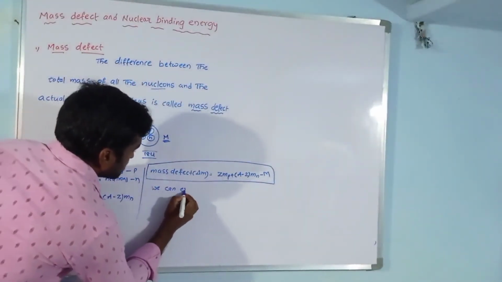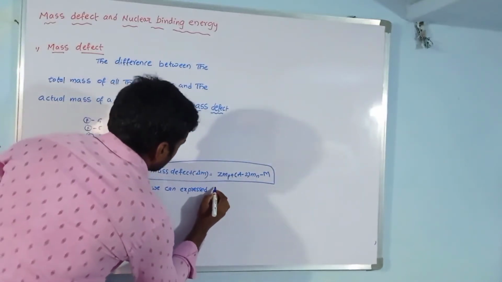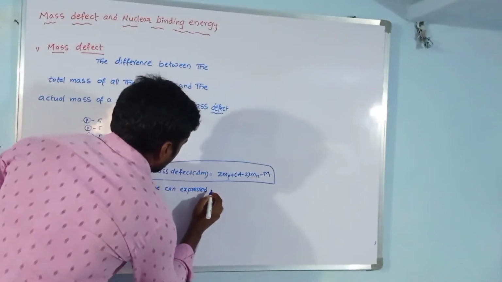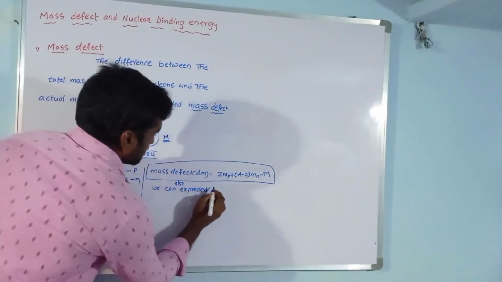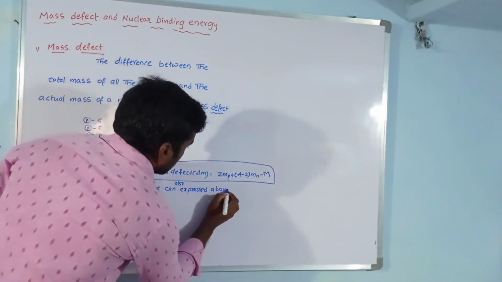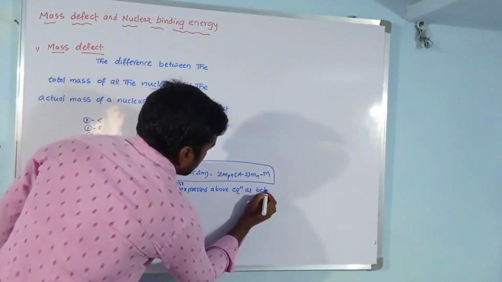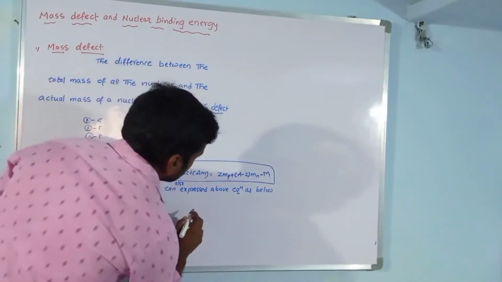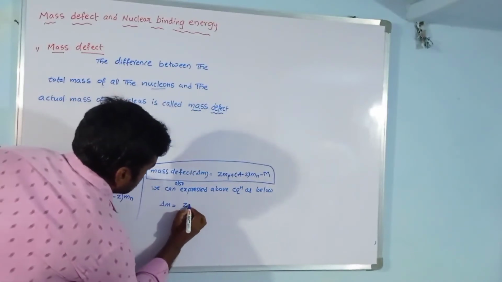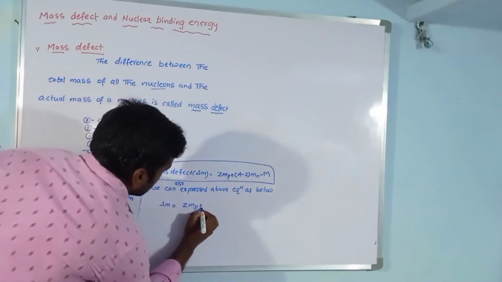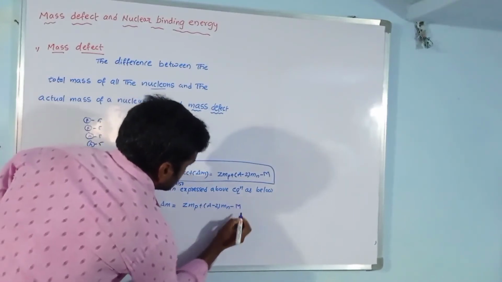We can express the above equation as below. Delta M is the mass defect, equal to ZMP plus (A minus Z) into Mn minus M.